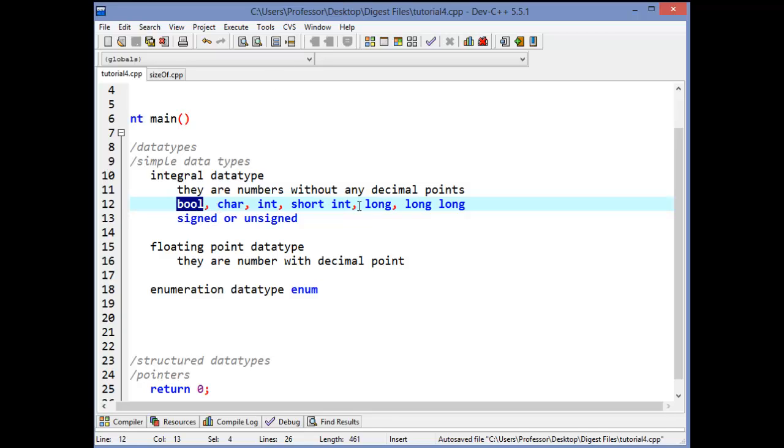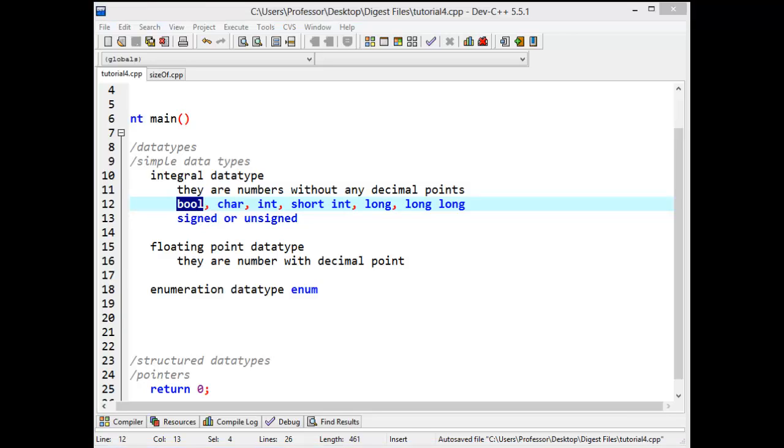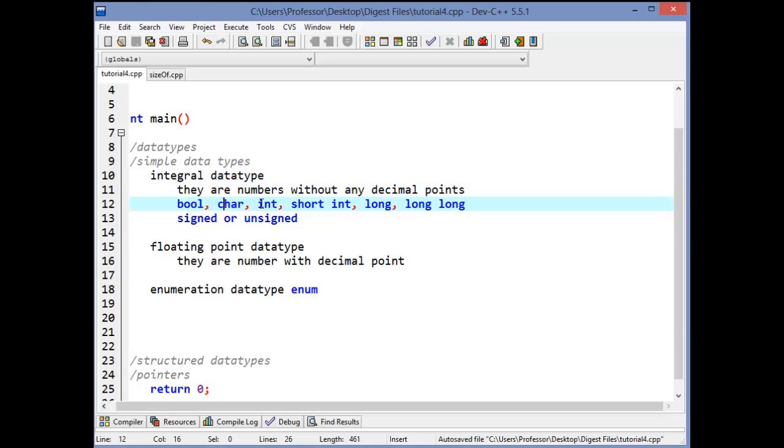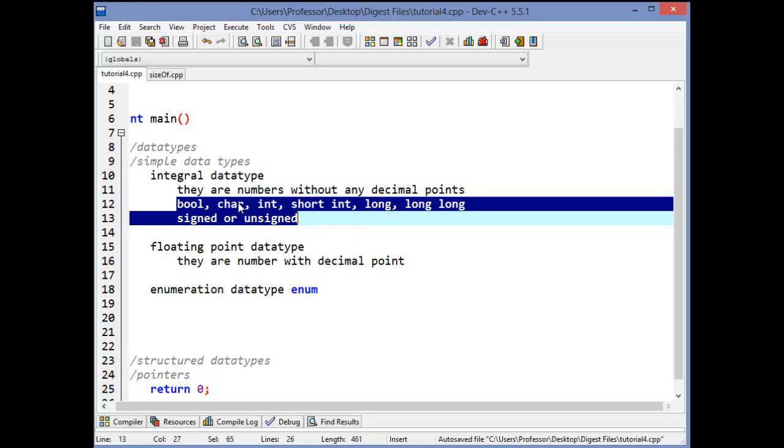Now each of these data types has a specific range of values that it can handle. The boolean data type, like I said, handles just two values. It's either true or false, and each of them takes a different amount of memory. That is the most important thing. Now for your assignment, I want you to go and check on the ranges that the integral data types operate on.